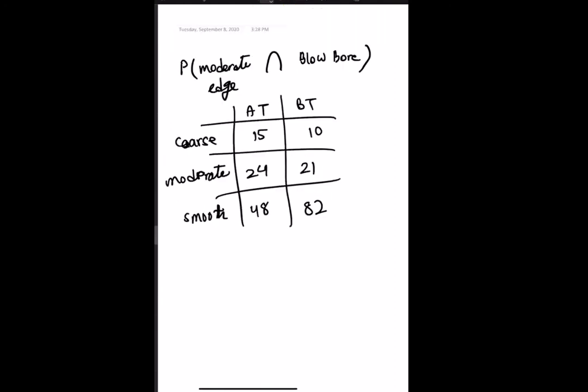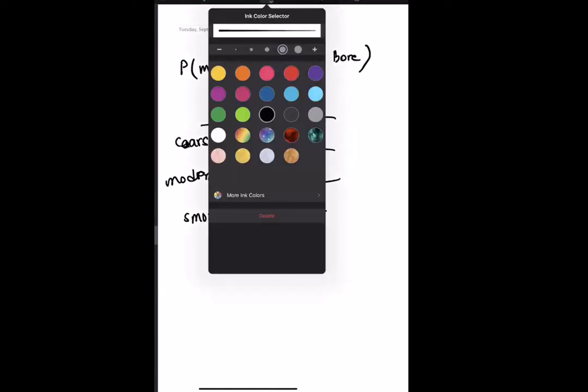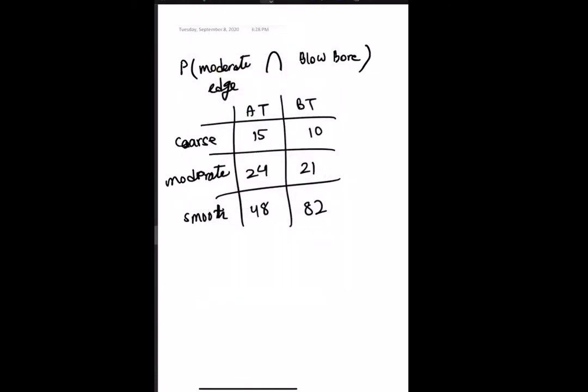So what is the chance that when we pick a part, it has moderate age? Which row is moderate age? The one in the middle, the row with moderate age. And below target bore. Which column? One to the right.